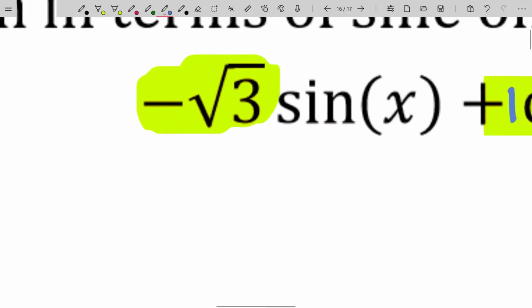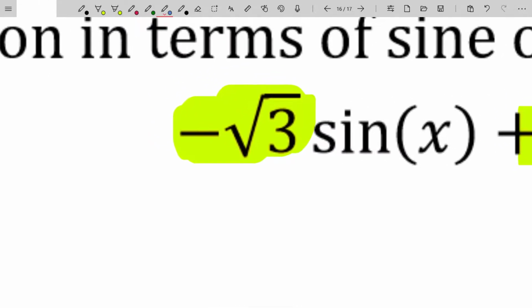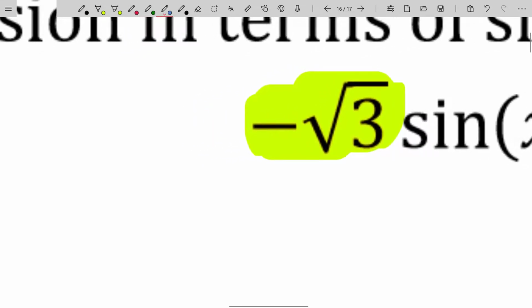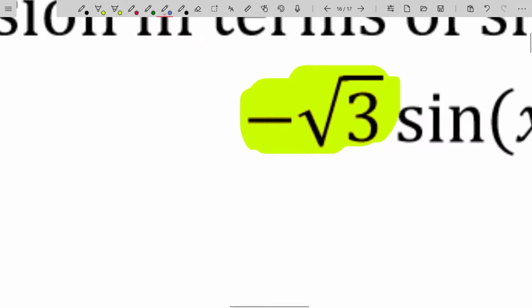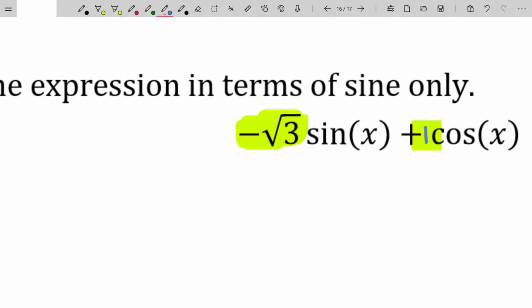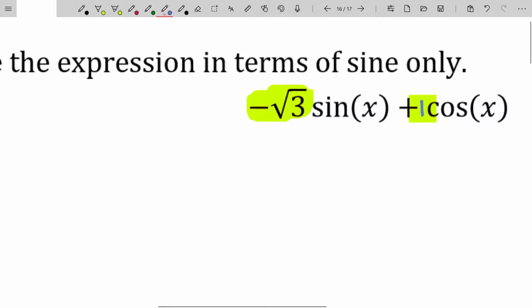The good justification why the coefficients aren't equal to those trig functions is that the cosine of phi can never become a negative root 3. Negative root 3 is less than negative 1, and cosine can't be less than negative 1. So therefore, that specific coefficient wouldn't work for a trig function like the sine or the cosine. Anyhow, how do you make it workable?